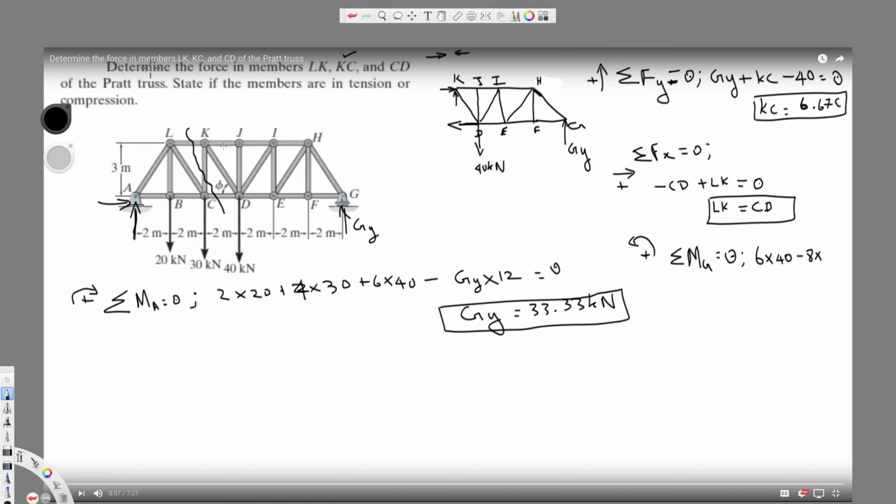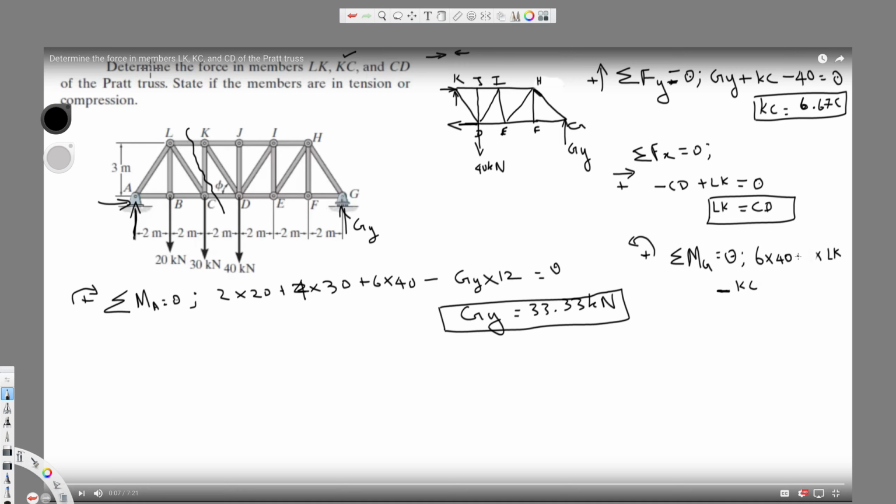Okay, this is LK, right? So let's name it LK. And what else do we have? We have this one pulling this object up, that is KC. KC is acting clockwise, and since we took counterclockwise positive, it's going to be minus KC times... LK is a horizontal force, so we have to multiply it by the vertical distance, which is 3 meters.